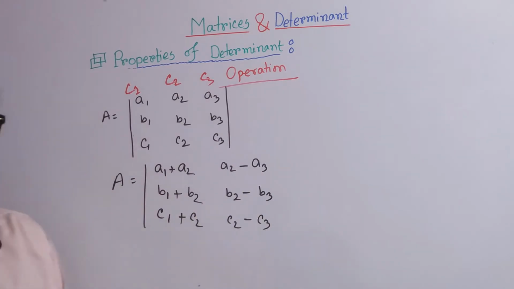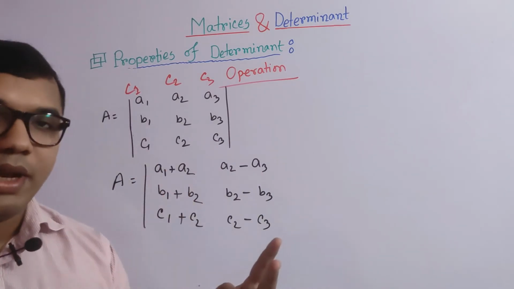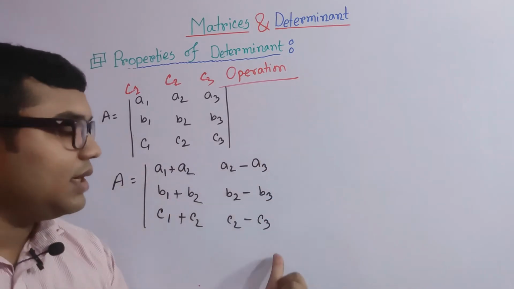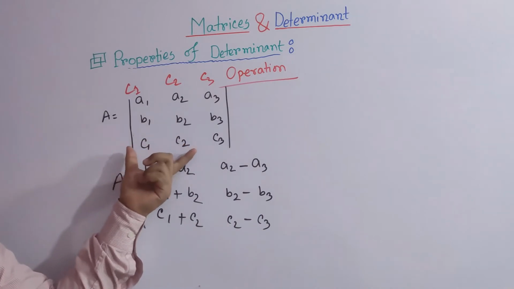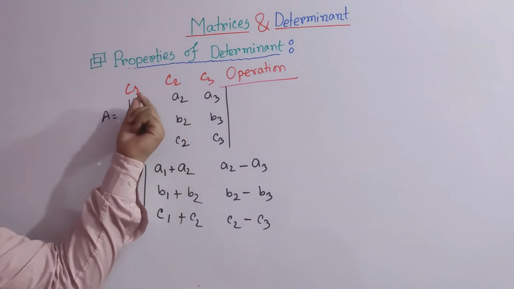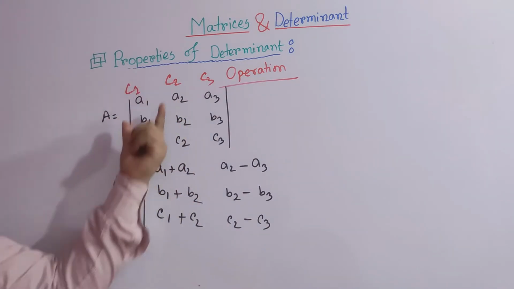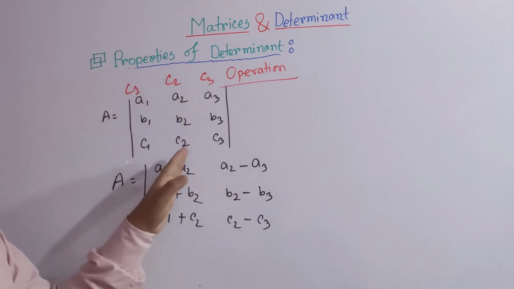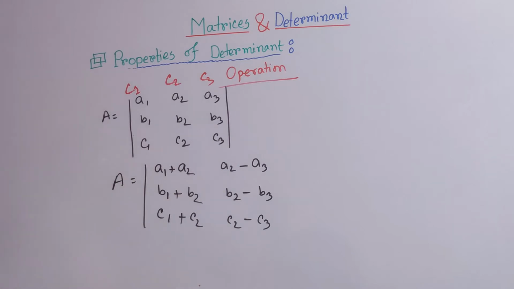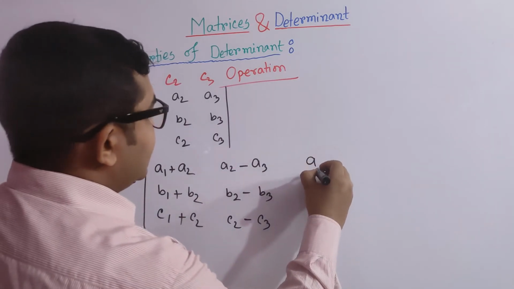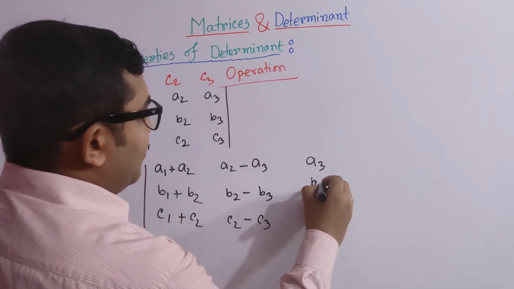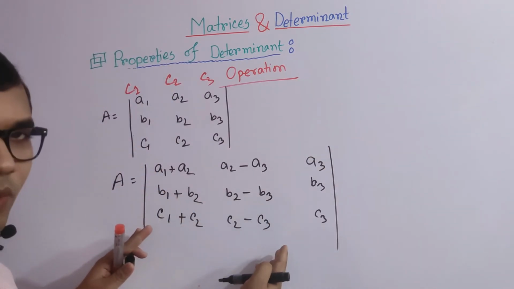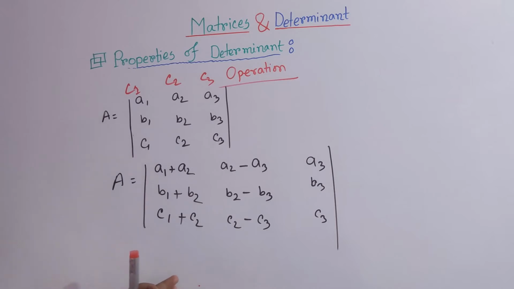We have worked in two places at a time. For the first column we added C1 and C2, but here we subtracted C3 from C2, and C3 remains unchanged: A3, B3, C3.